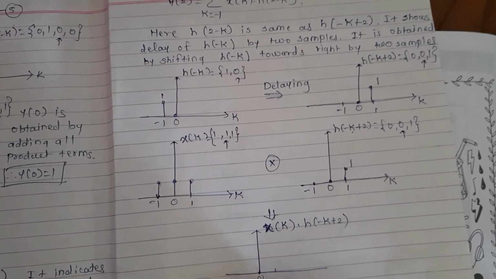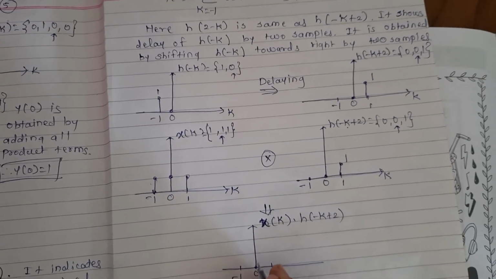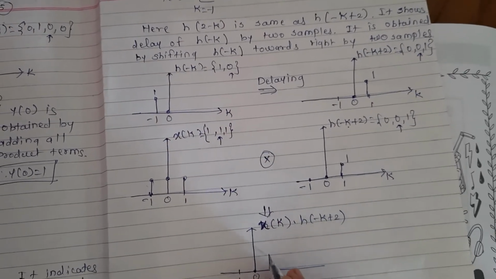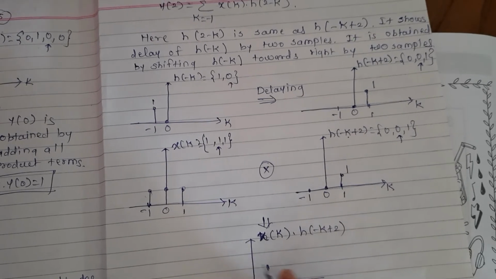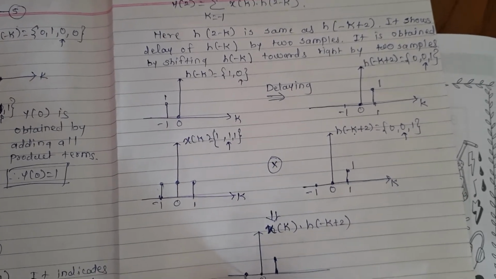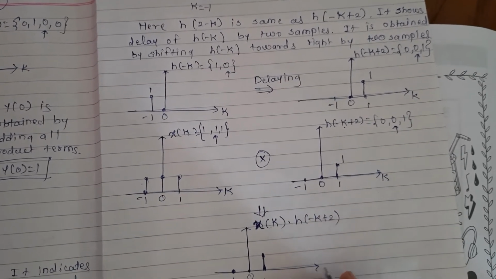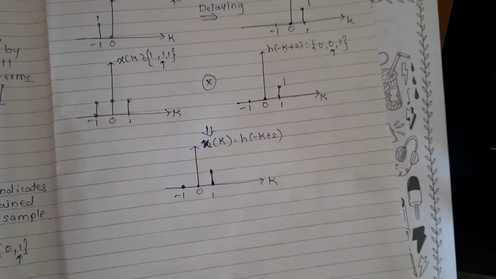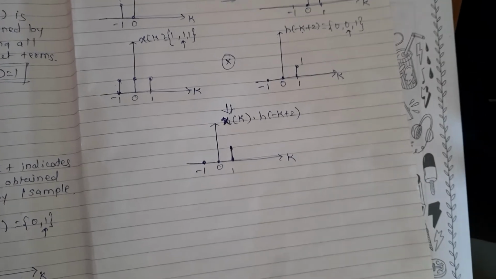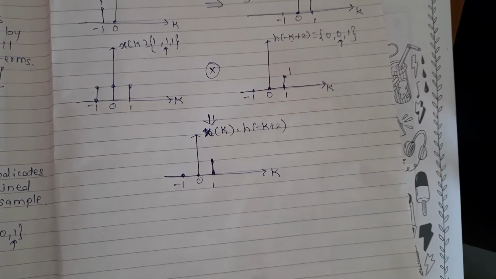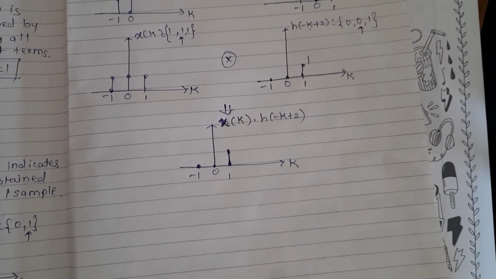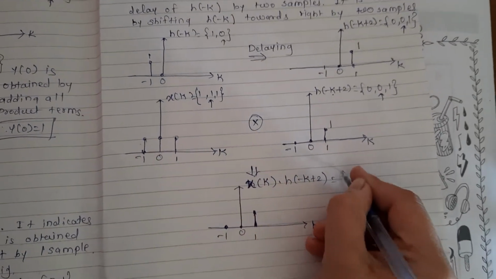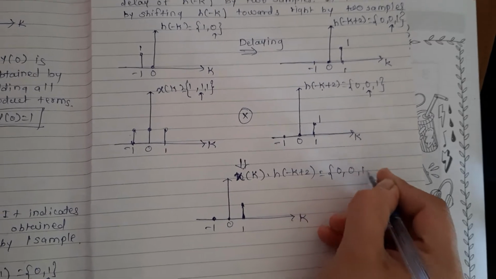So we get 0 into 0 is 0, 1 into 1 is 1, and this is 0 into 0 is 0. So we have to find the value of y of 2. So y of 2 is equal to 0 0 1.